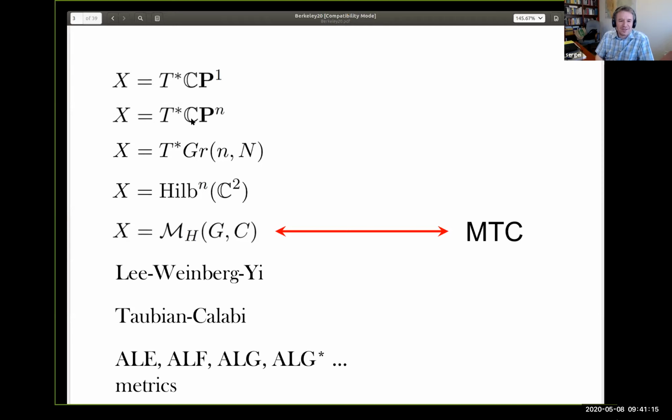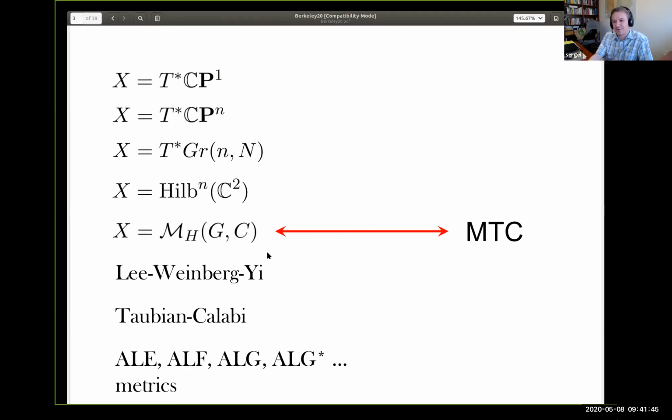Then many such hyperkähler metrics that were found on the geometry side were found as spaces of solutions to some PDEs. So for instance, if you take a Riemann surface C and choose a group G, then you can study G Higgs bundles on this curve. So the moduli space of that will be an infinite dimensional hyperkähler quotient, and famously through Hitchin it has a hyperkähler metric.